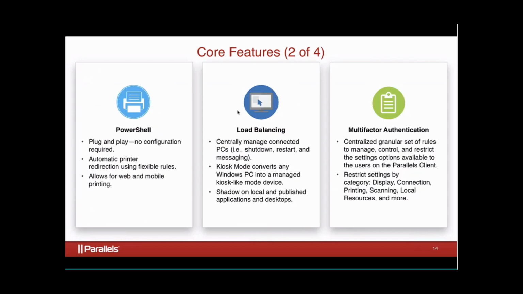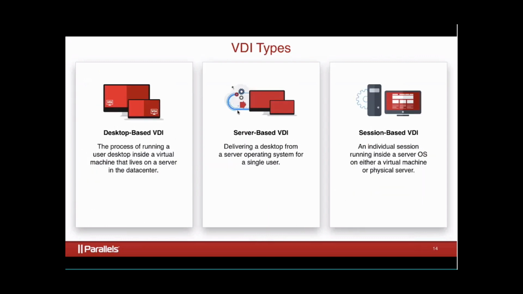Okay, so this was what I already mentioned, and let's talk about VDI for a moment before we talk about how we replace the Citrix technology itself. So you can deploy VDI based on desktop-based VDI, which is typical, like with Windows 7, XP, 8, or even Windows 10. We can use desktops based upon server-based VDI or session-based VDI.